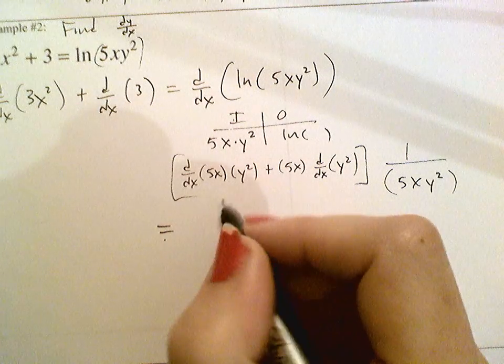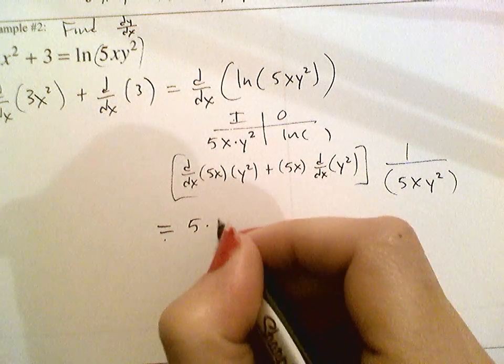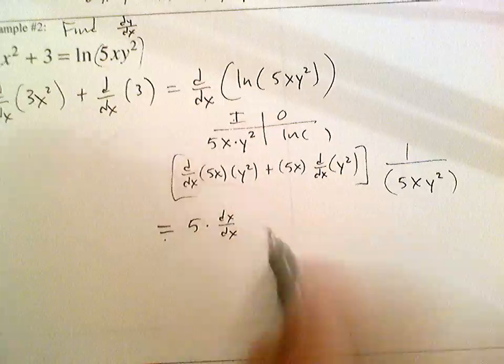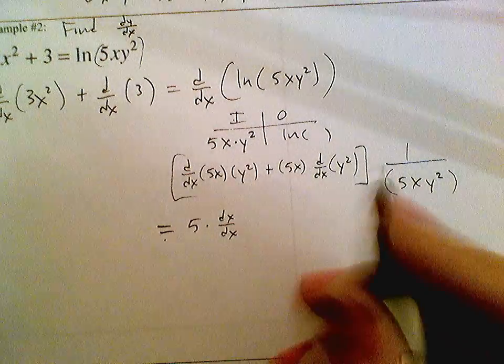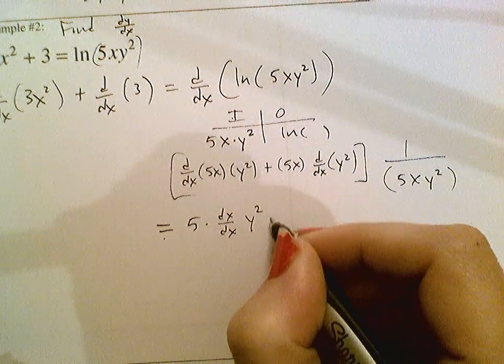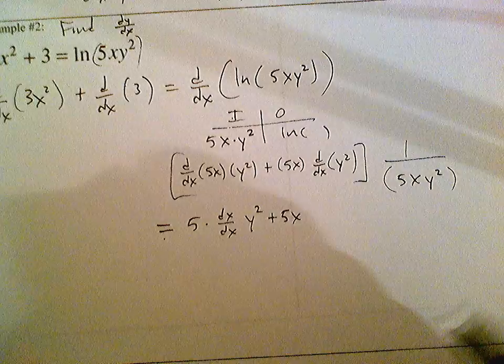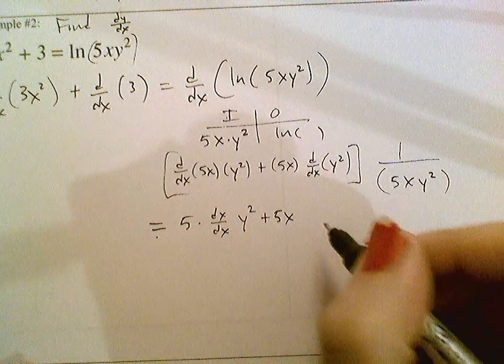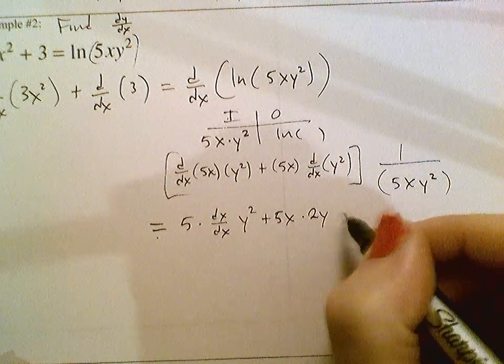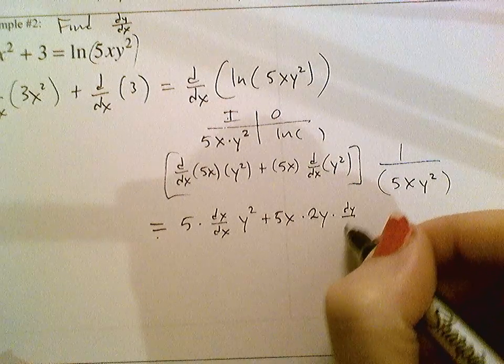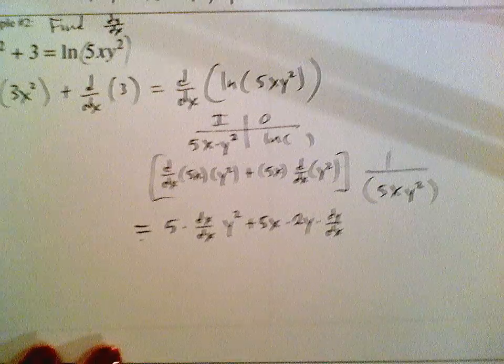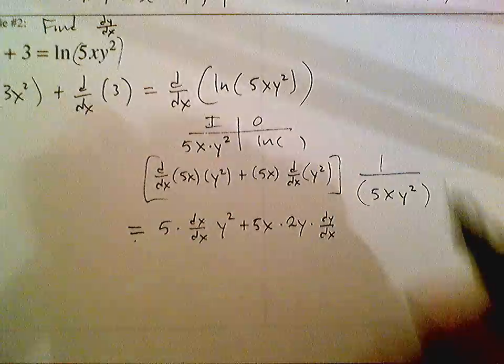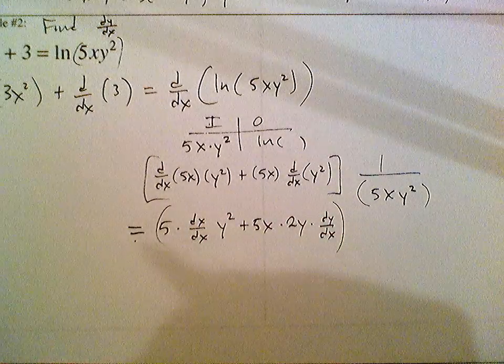So the derivative of 5x is 5 times the derivative of x. And then I bring down the y squared plus bring down the 5x. The derivative of y squared is 2y times the derivative of y. All right, this is still in parentheses.